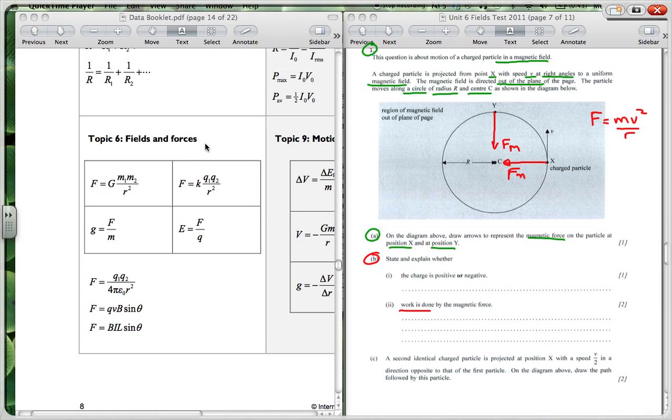Now we're looking at B. 1. The charge is positive or negative. Okay, so my magnetic field is coming out of the board. So we've got something like that. Now, using the right hand rule, where the fingers point in the direction of the magnetic field and your palm is in the direction of the force, we see that the current should be going down in that direction there.